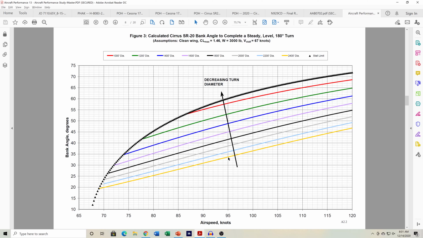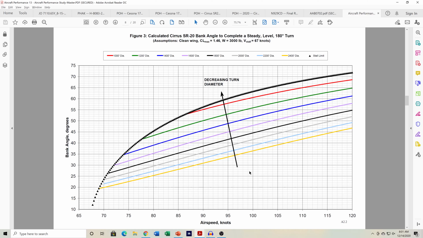To do the 2,400-foot diameter, you only need 33 degrees of bank, and you could also flirt with the stall and get the 1,000-foot diameter, 500-foot radius at only 58 degrees or so of bank, and I'm saying only 58 because you still got a decent pull, but there you're somewhere about 1.9 Gs.